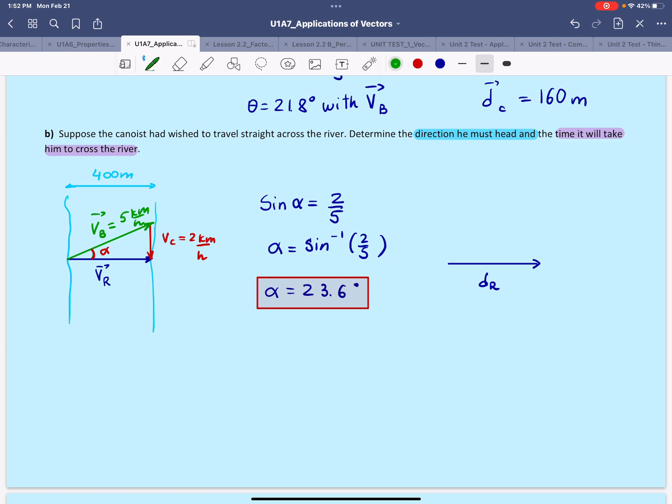This would be the distance that the canoeist will travel. And this one here is how far down it will go, so the vertical displacement per se.